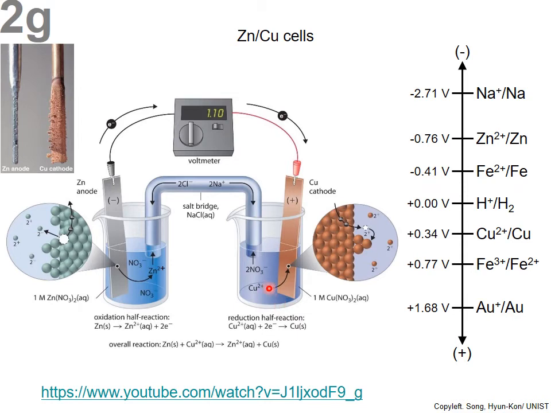So nitrate ions are trying to escape from the right side beaker, entering the salt bridge. At the same time, chloride ions move toward the first beaker to meet zinc 2+ to keep the charge balance. Also, sodium ions in the salt bridge go to the right side beaker to meet nitrate anions. Right now, all charge balances are satisfied.